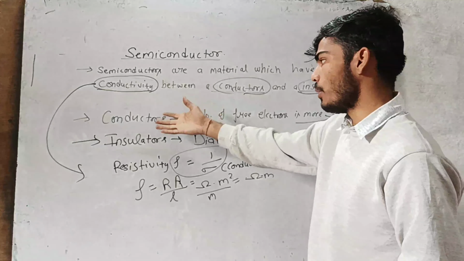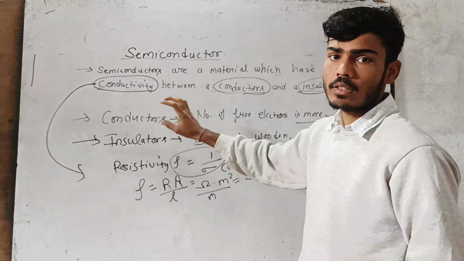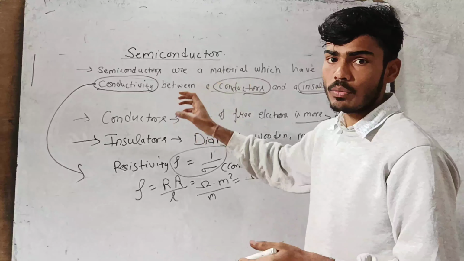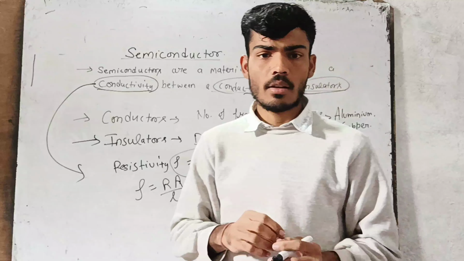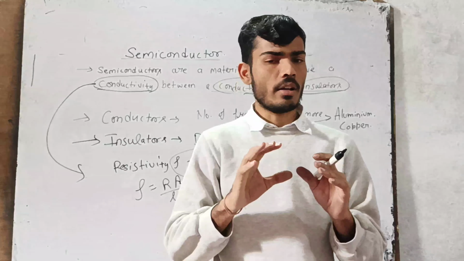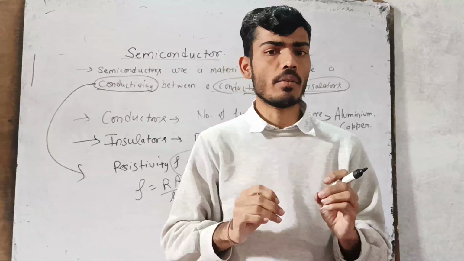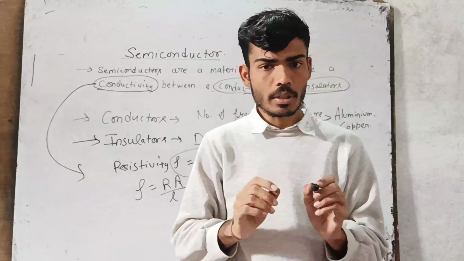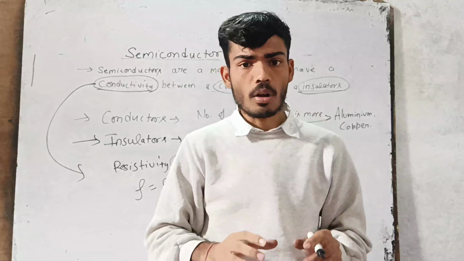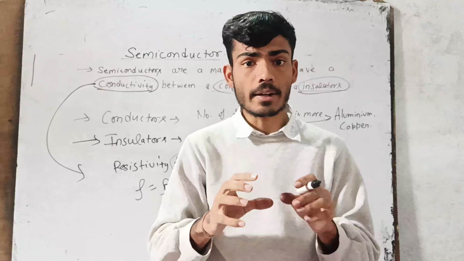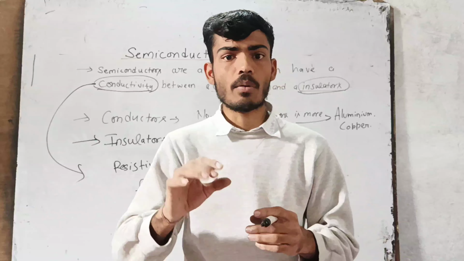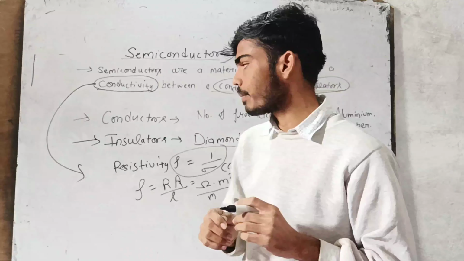While in conductors, resistivity is very low, so its conductivity is very high. And now you have an idea what is the meaning of conductivity. Conductivity means the ability of conductance, meaning the number of free electrons ejected from a particular material.